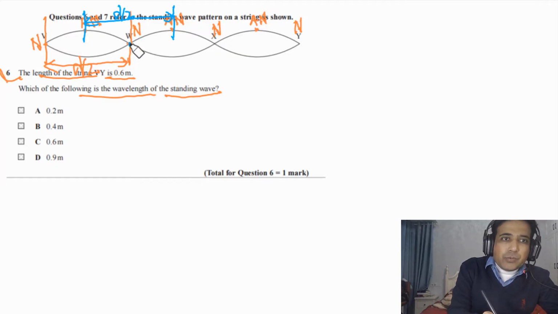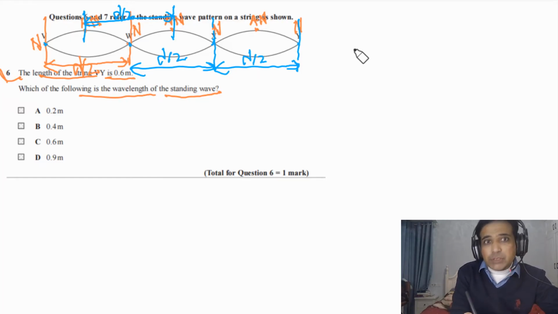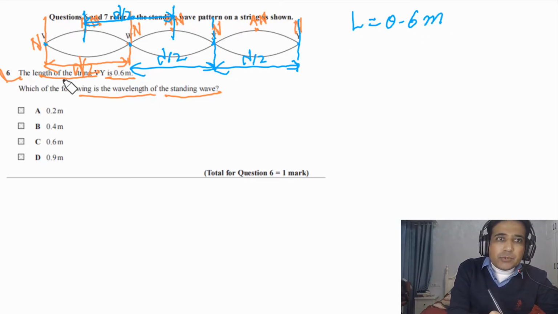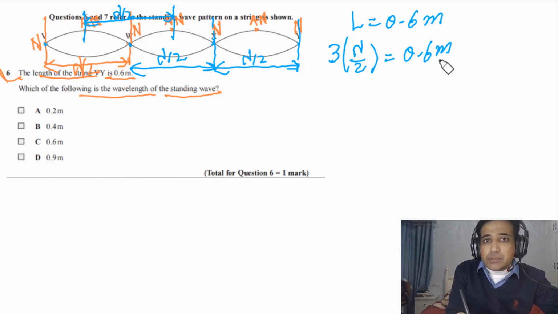So we can simply say the distance between these two is lambda by 2, and the distance between these two nodes is also lambda by 2, and the distance between these two consecutive nodes is also lambda by 2. And this total distance, meaning the length of the string, is equal to 0.6 meters. So the length of the string is equal to 3 times lambda by 2, and this is equal to 0.6 meters.